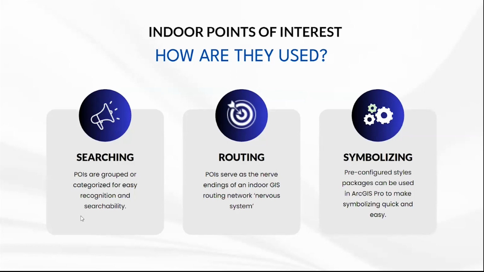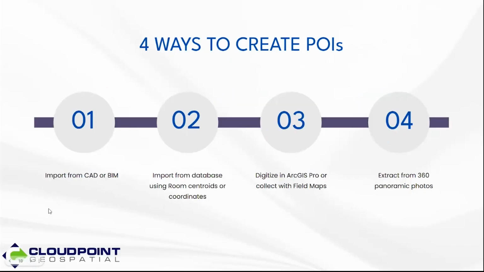You have to have them when it comes to routing in order to generate those route networks and have essentially destinations to route to. And lastly, they're used for symbolizing. That's something we're going to dive into a little bit today: the actual symbolizing and how to create custom symbols of those points of interest.